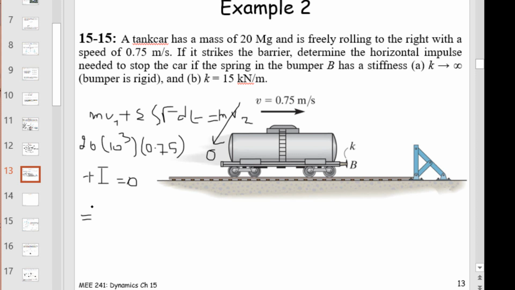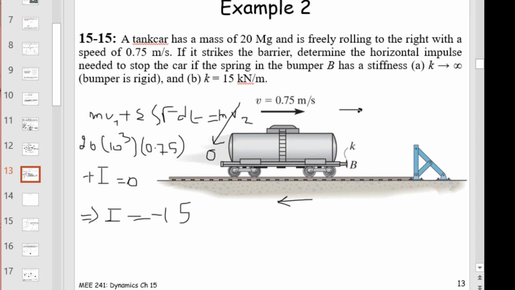Now this means that this I will be equal to minus 15, and then minus 15 means it's in fact in the negative direction of the motion.